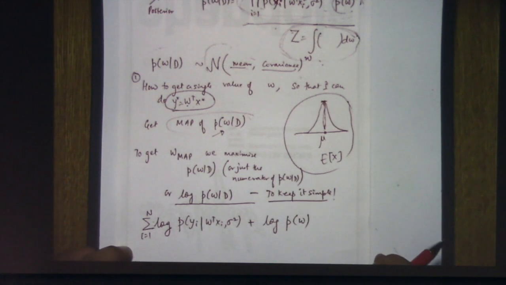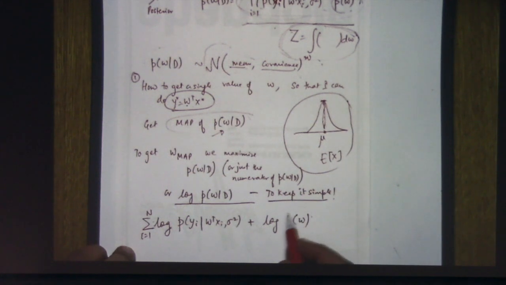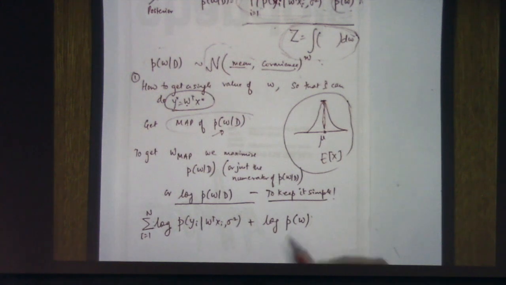Now, if you remember, earlier I said we are assuming that this prior is a multivariate Gaussian with tau square in the covariance matrix, like this.